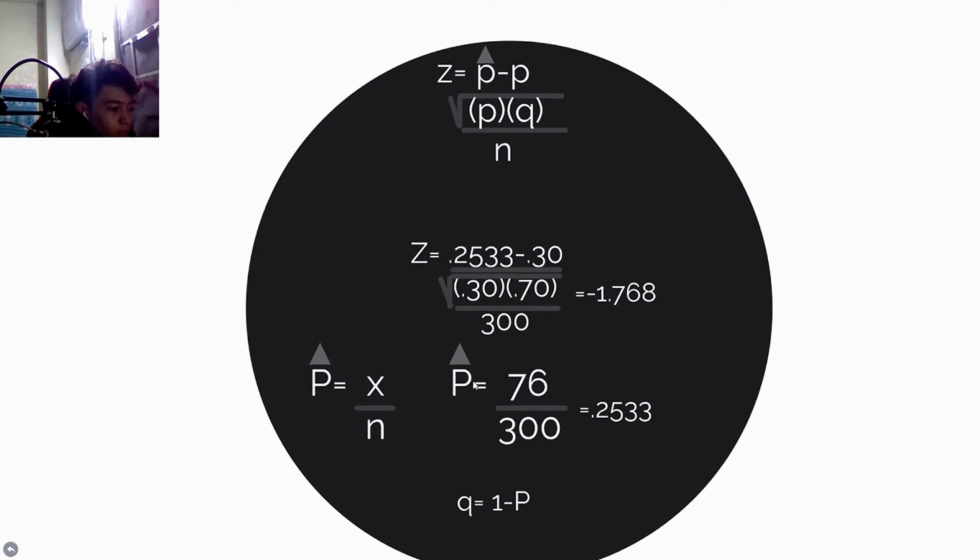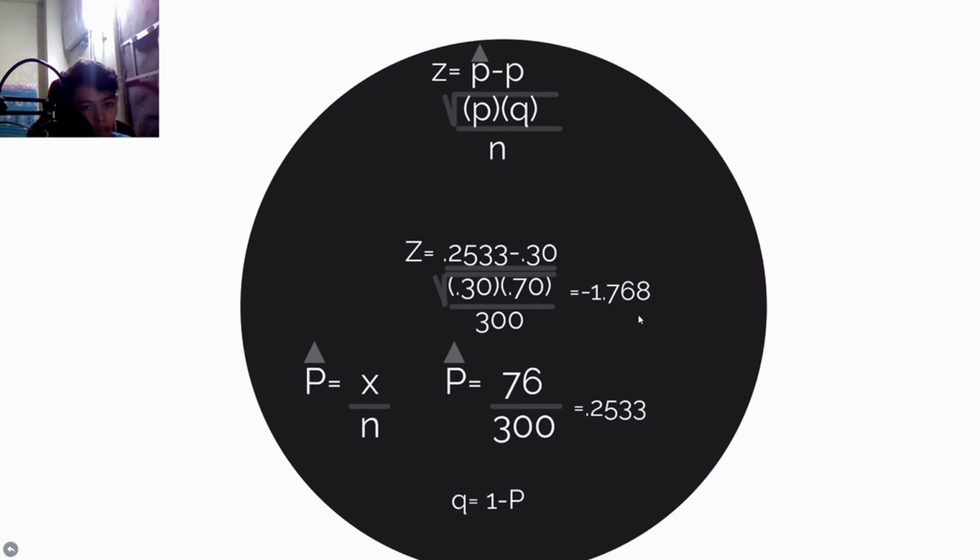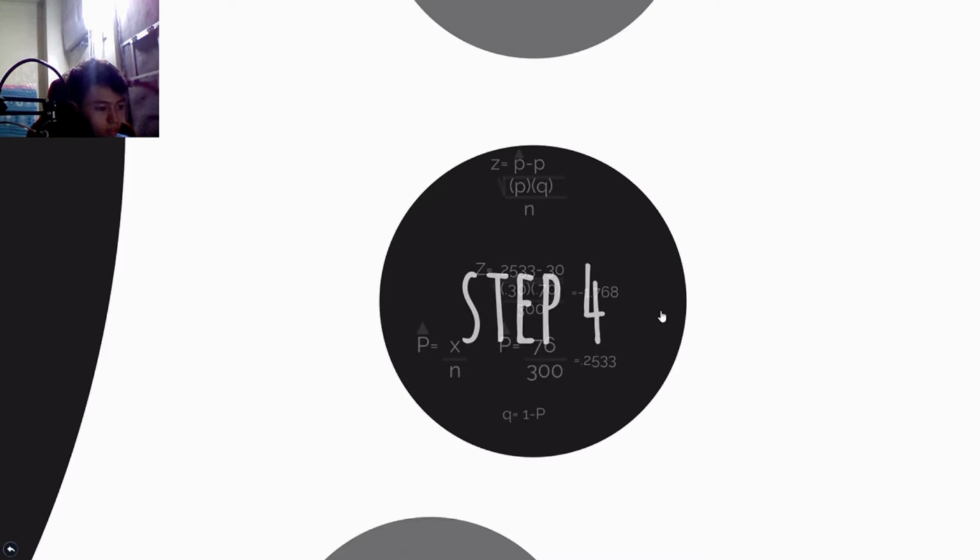So here's our p hat: p hat is equal to 76 divided by 300, which is equal to 0.2533, and q, which is 1 minus 0.30, is equal to 0.70. Now you will just insert this in the calculator and you will get the answer.